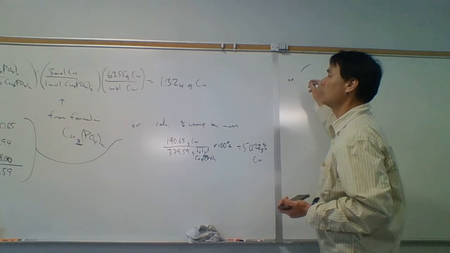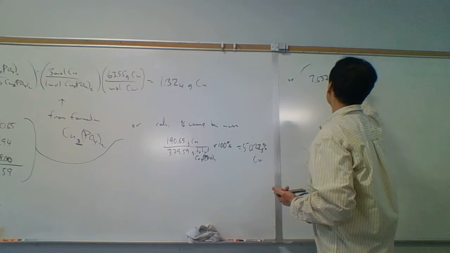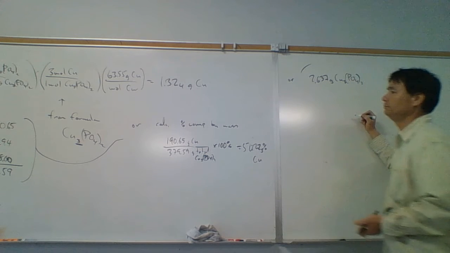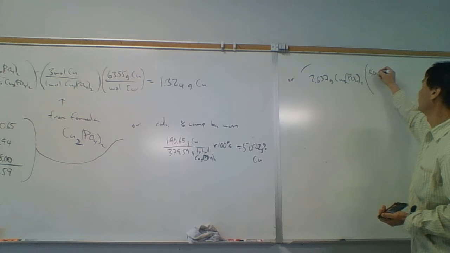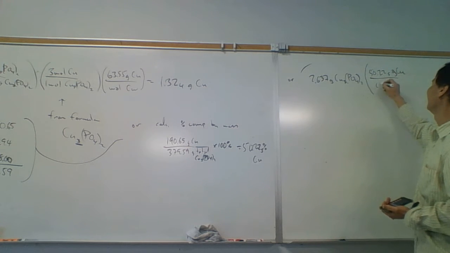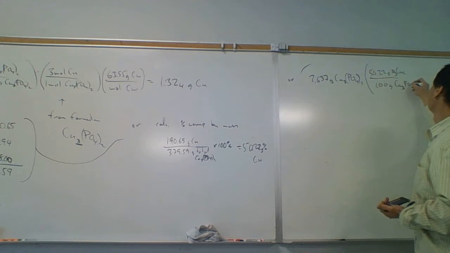I go 2.637 grams of copper 2-phosphate times 50.225 grams of copper for every 100 grams of copper 2-phosphate.